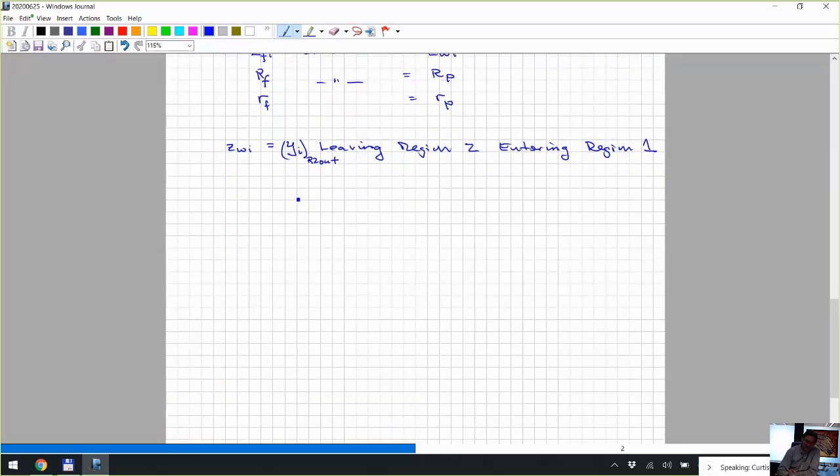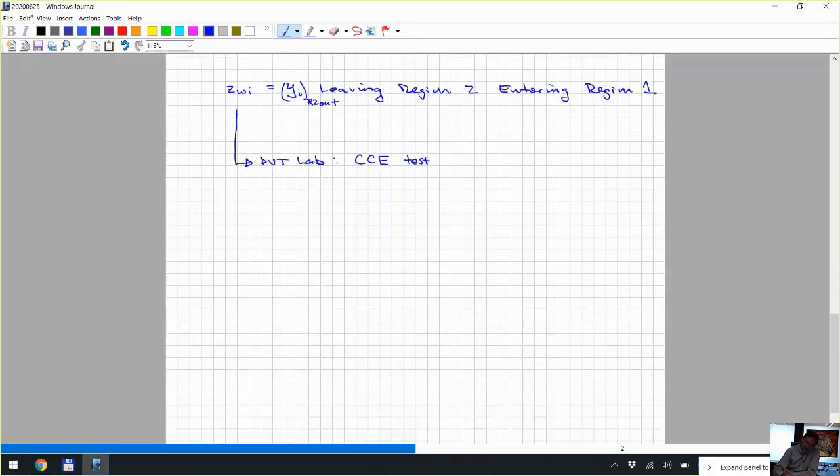Now, if we just took that well stream composition to the PVT lab, right? And we did a constant composition expansion test. What we'd see, as a function of pressure, is a dew point somewhere.